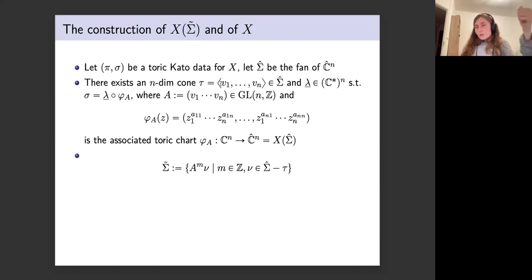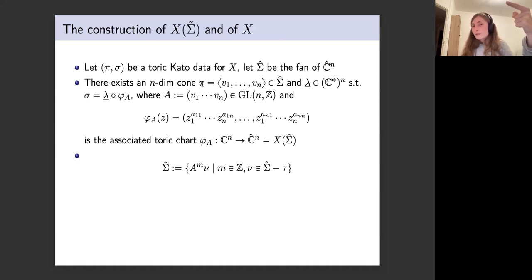Now, remembering that you have the fan of your modified Cn and this cone, you can construct a new fan which will be infinite. And this is where your resulting toric variety will have infinitely many affine charts. So what do you do? You take your fan, which was of the modified Cn, you forget just this cone, the cone corresponding to sigma.